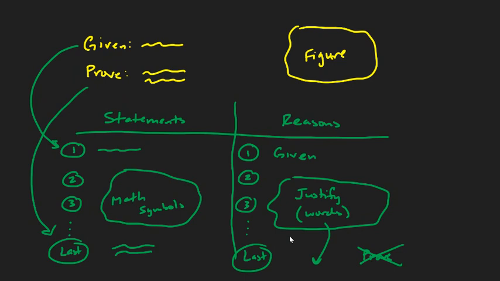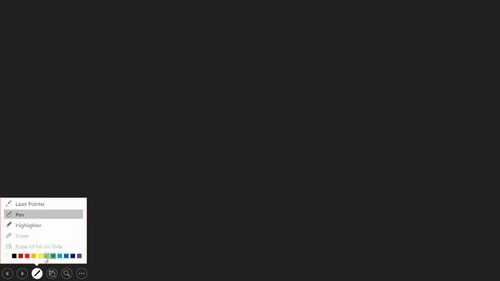So to warm you up towards the geometric proofs, we're going to look at some algebraic proofs. And I'll do an example for you on the next slide. Okay, so let's say that we are given this equation: 6(14 + x) = 108.